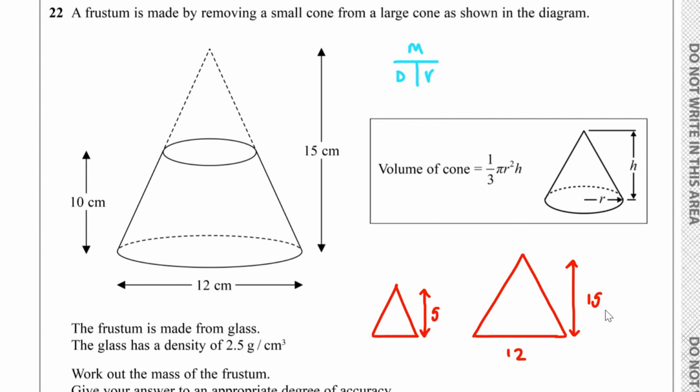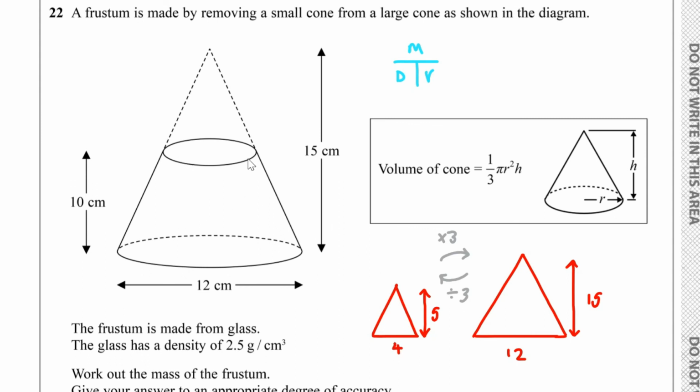And because here you can recognize the scale factor from the small shape to the large shape is 3, so to go from small shape to large shape, we times by 3, because 5 times by 3 gives 15. To go from the large to the small, we'd have to obviously divide by 3. So 12 divided by 3, that's 4.